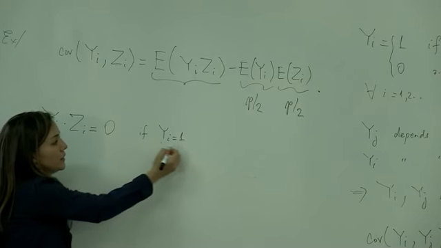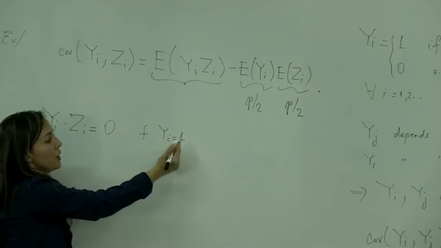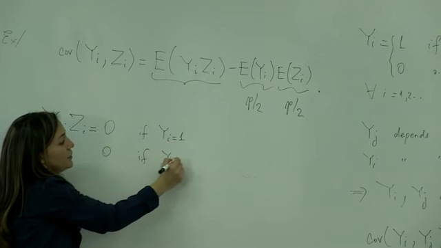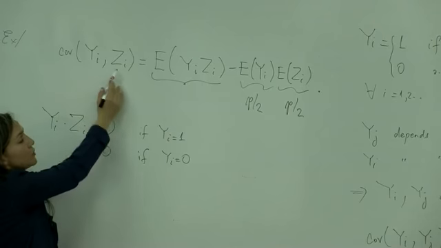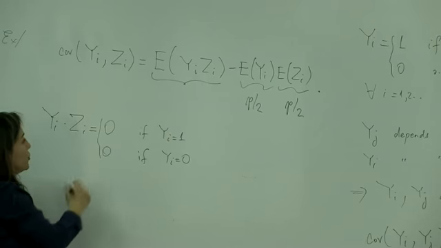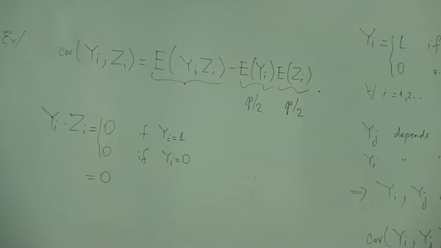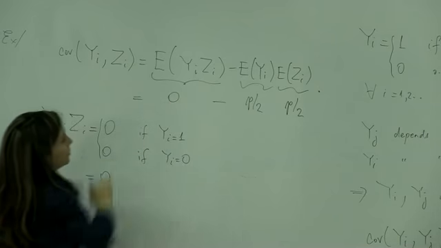If y_i is 1, it means the coin comes up heads, so z_i will be 0. It's 0 if y_i is 0 as well, because then the product is automatically 0. So this product is always 0, and the expectation is then 0.